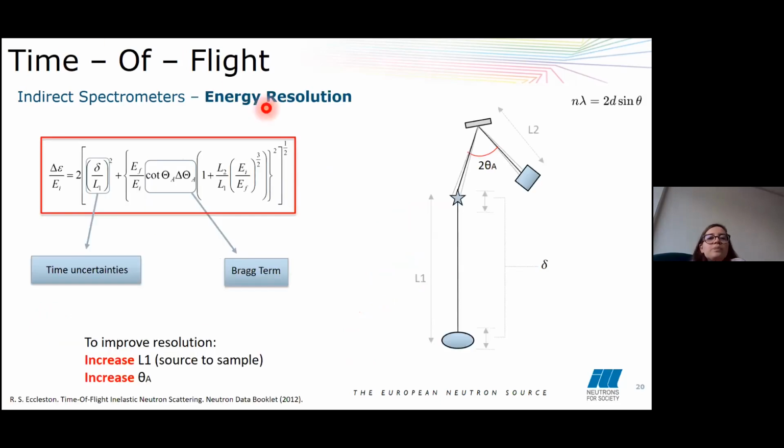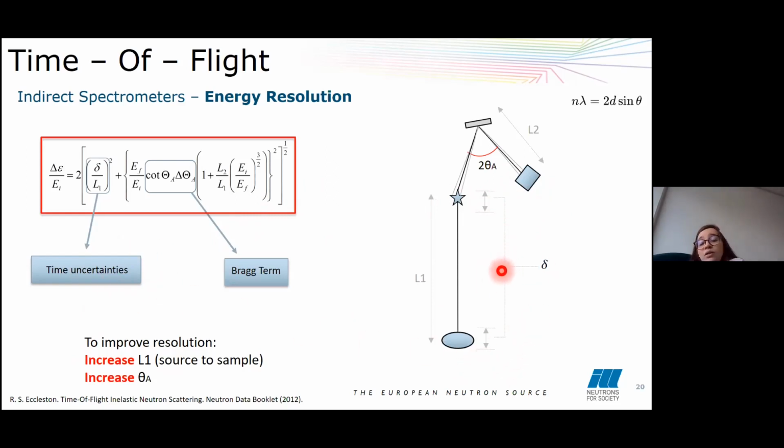So in general, indirect spectrometers have a better resolution than direct ones. And when we think about energy resolution for indirect geometry, we must know it contains terms related to the uncertainty in the angular spread of neutrons scattered from the analyzer, delta theta A, and timing errors over the incident flight path.